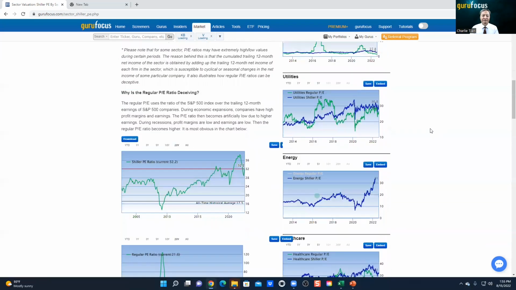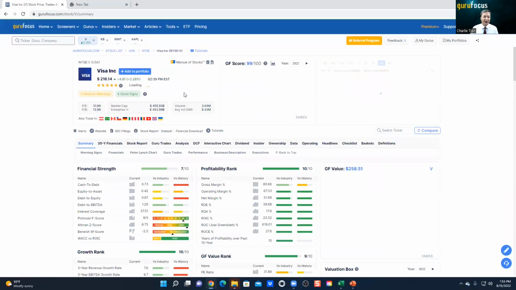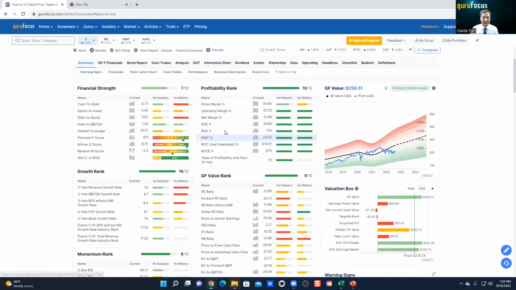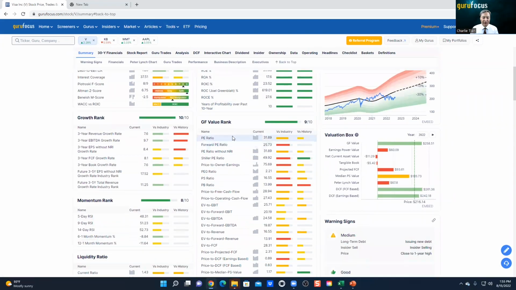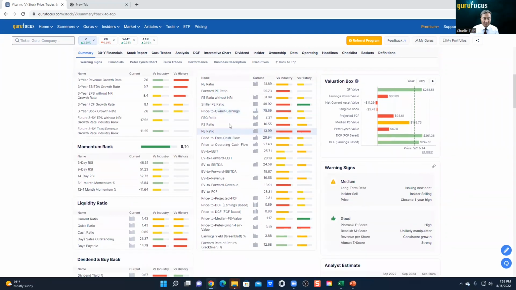So overall, the Shiller PE is a better ratio, and not only for sectors and the whole market, we also calculate the Shiller PE for each individual company. If I come to a random company, Visa here, the Shiller PE is under the valuation rank box. The Shiller PE ratio for Visa is close to 50, still extremely high.